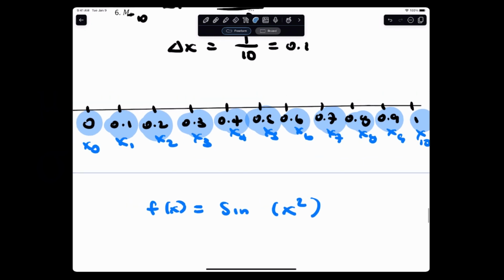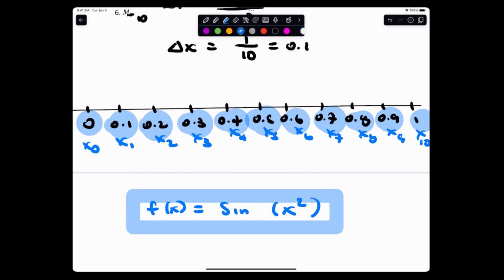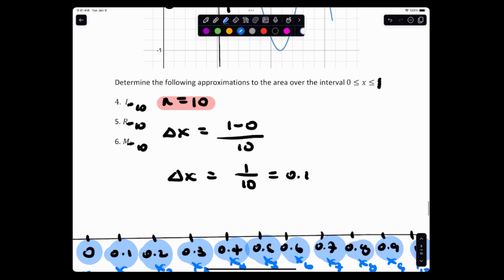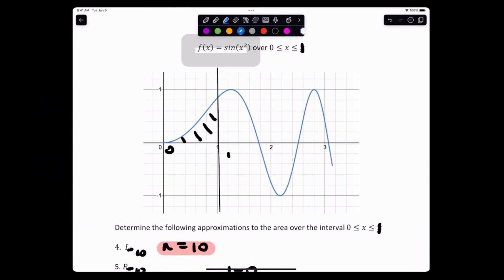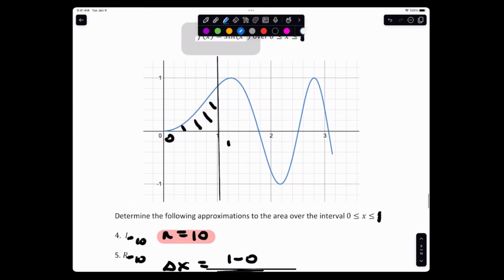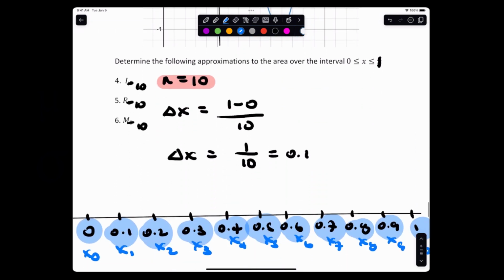Anybody take trig? What does your calculator have to be set to? Radians or degrees? These are radians, ladies and gentlemen. These aren't degrees. Radian measure. This is actually a lot easier to do in your calculator, a lot easier than the last one.